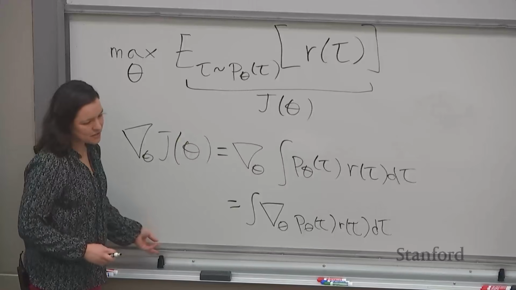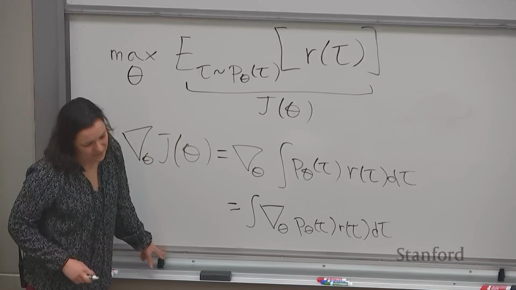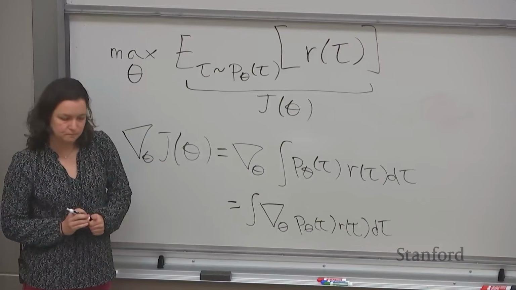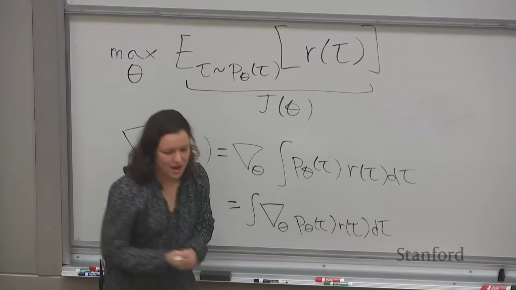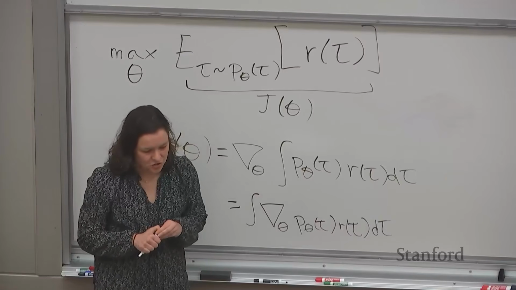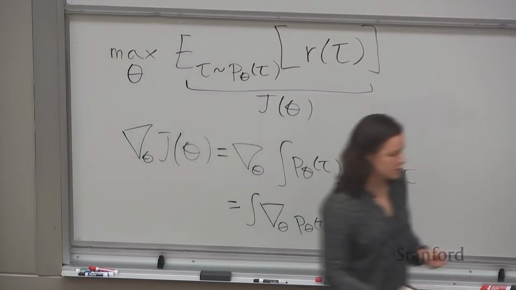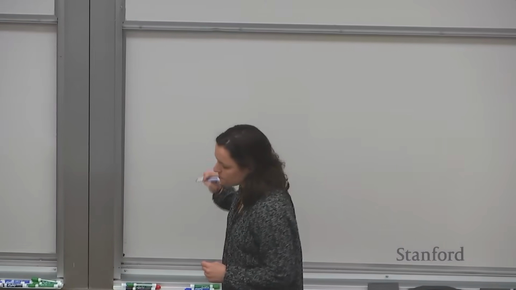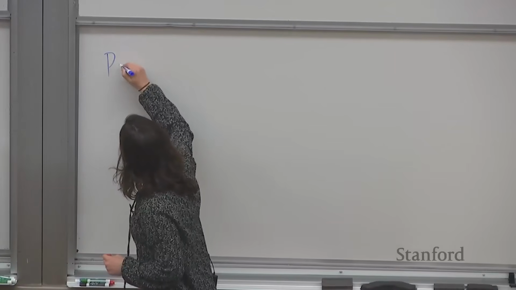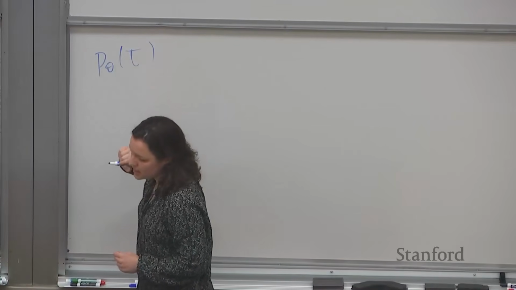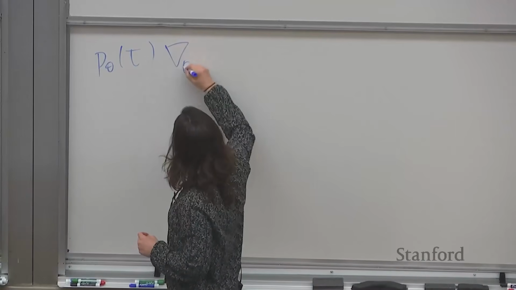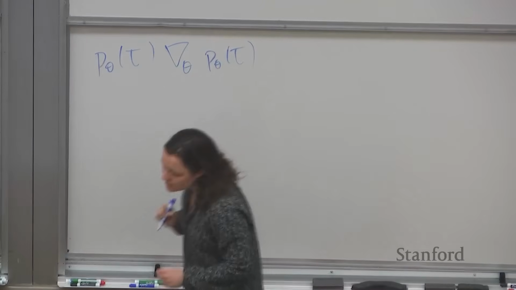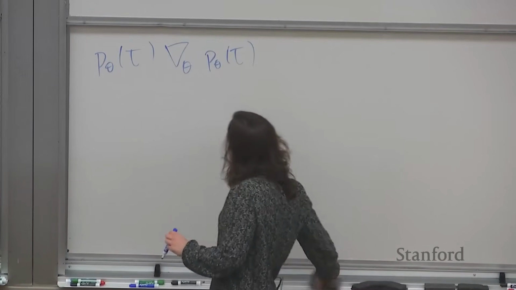At this point, there is a convenient trick that we can use to put this into a more useful form. The trick is to think about p theta of tau times the gradient of the log of p theta of tau.